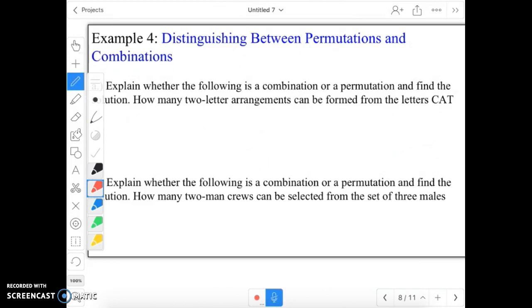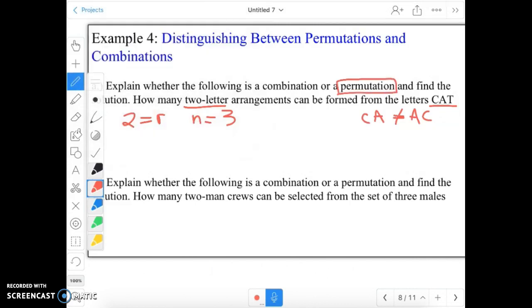So we have to ask ourselves, out of cat, if we have 2-letter arrangements, I know that 2 is going to equal my R, and there's 3 letters in cat, so N is equal to 3, regardless of whether it would be a permutation or combination. So is CA the same as AC? So in this, if we're looking for 2-letter arrangements, those 2 would not be equal, so that means that order is important. If order is important, that means that we are dealing with a permutation.